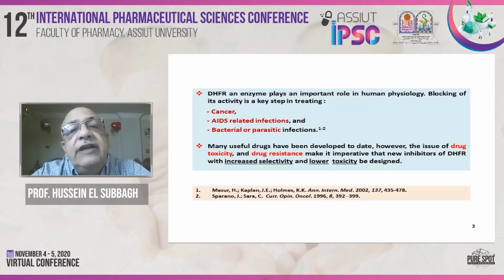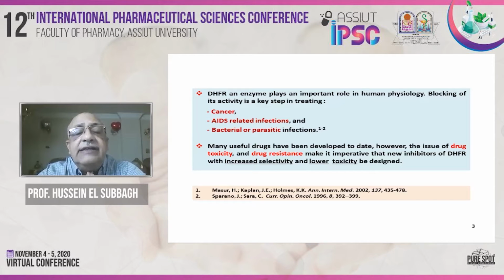One of the routes to combat cancer is an enzyme called dihydrofolate reductase. The dihydrofolate reductase is mainly involved in the production of thymine out of uracil, a component of nucleic acid.